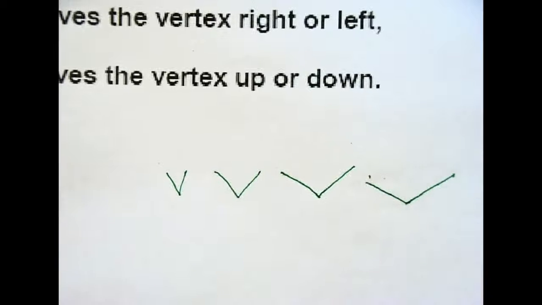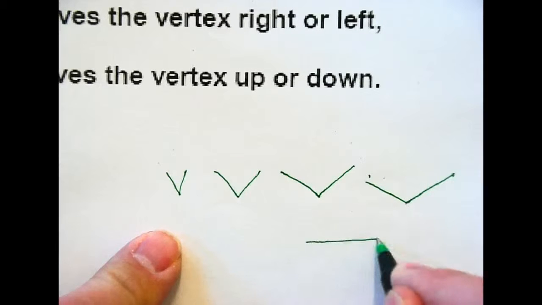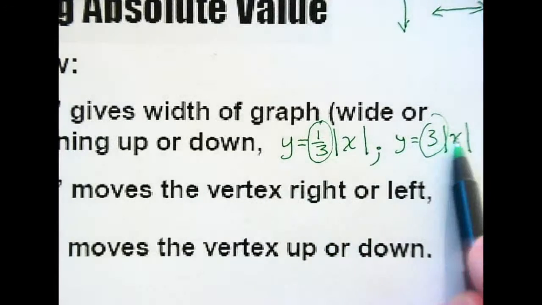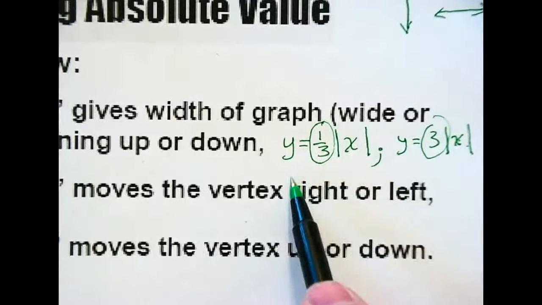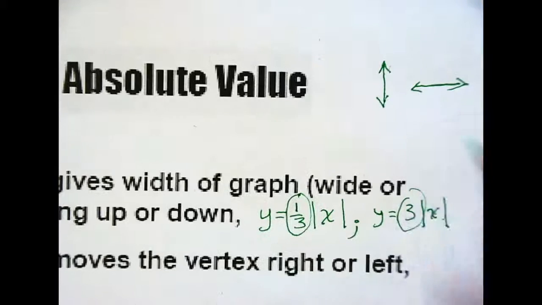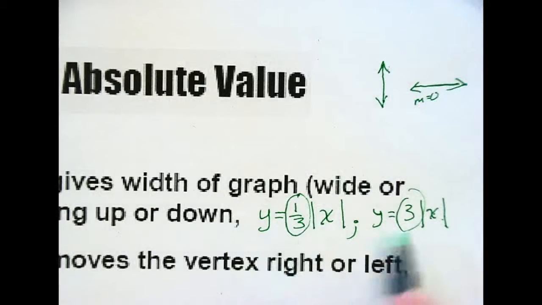Eventually we would just get a flat line. That would be a 0 slope. As your A term approaches 0, the wider it gets, the flatter your graph gets. Does that make sense? If this is a slope of 0, then as you're approaching 0, your graph's going to get flatter.